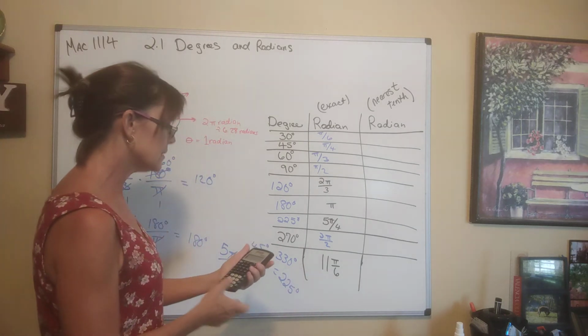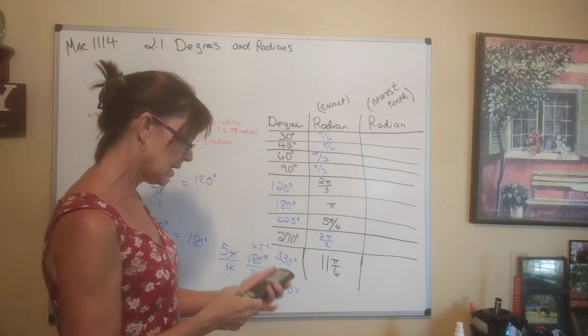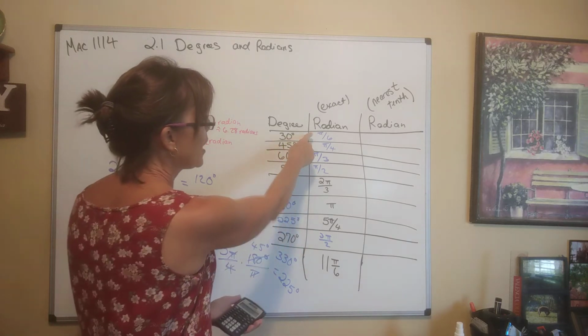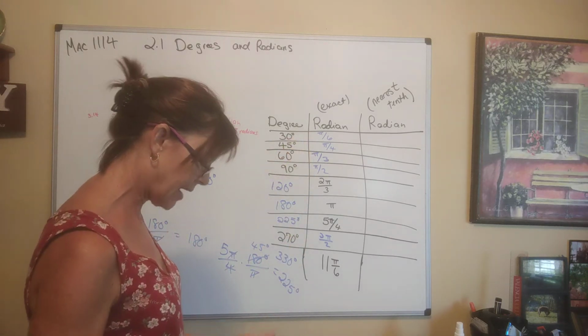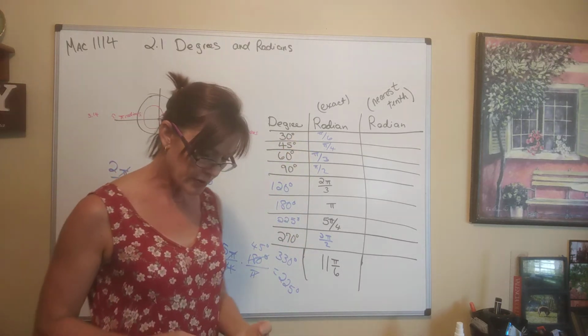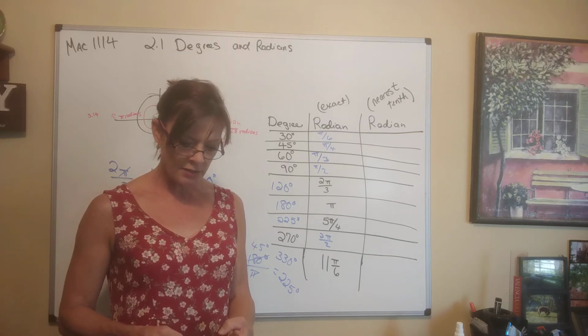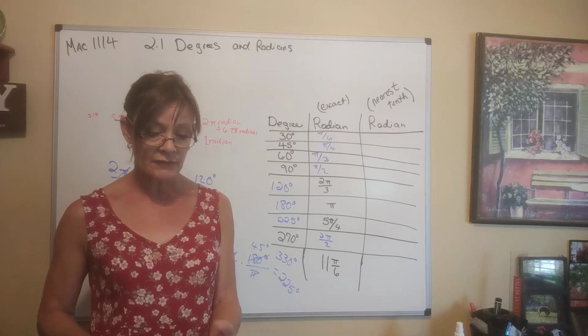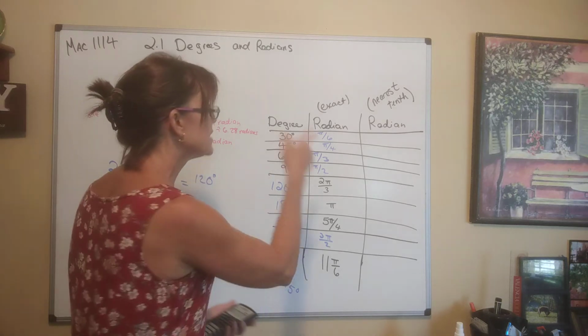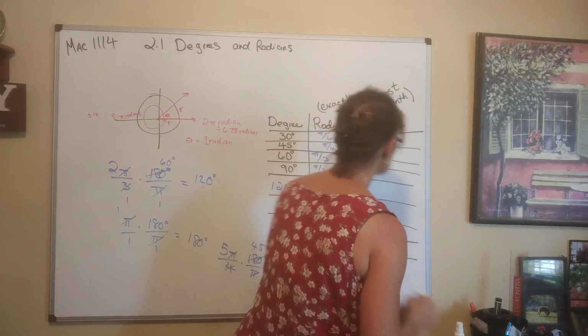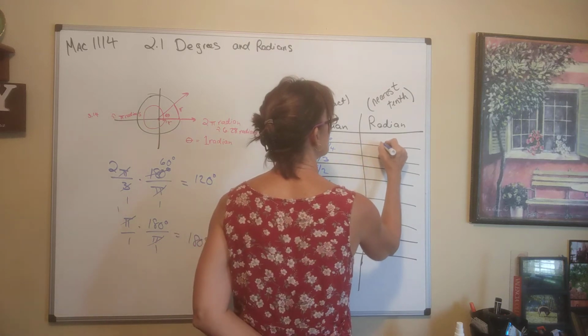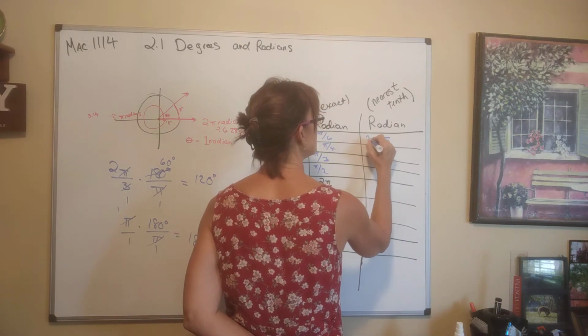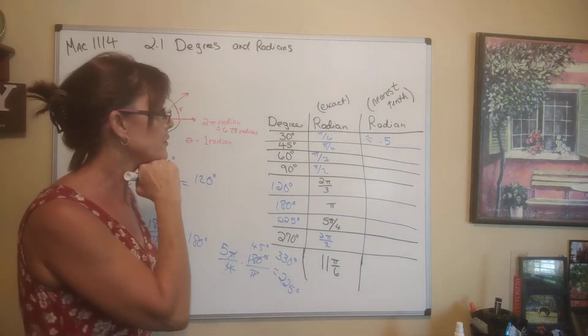So if we want this to the nearest tenth, we would just take pi divided by 6. If you take your calculator and divide pi by 6, you're going to get 0.5235 and some other numbers. So to the nearest tenth, this is going to be 0.5. And this means approximately equal to.